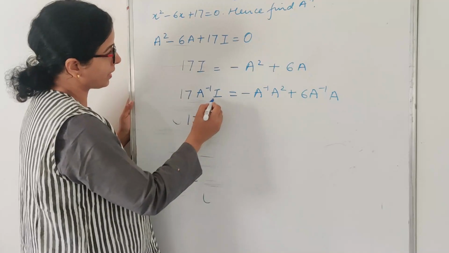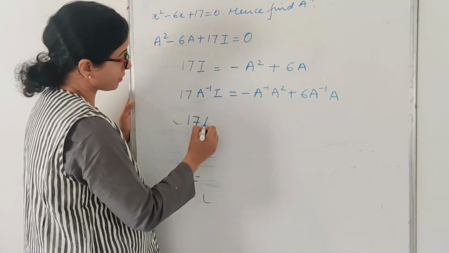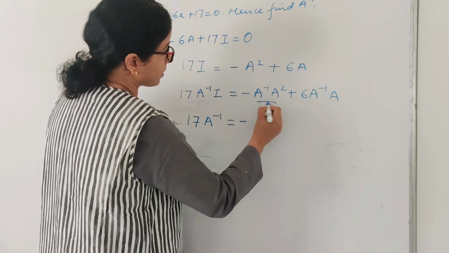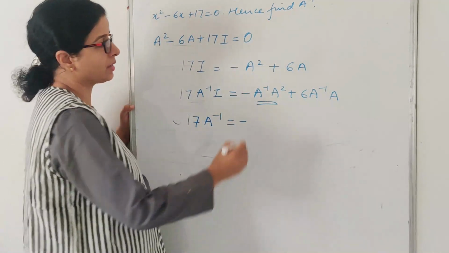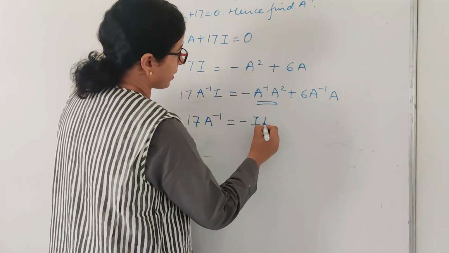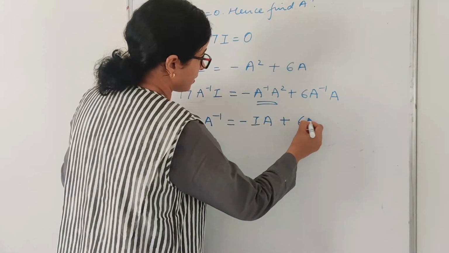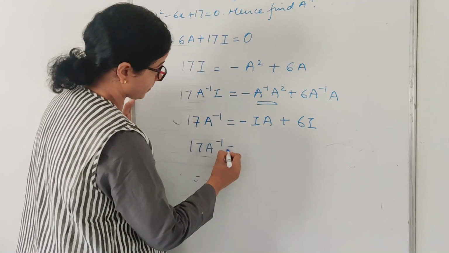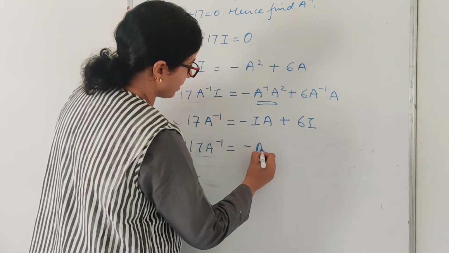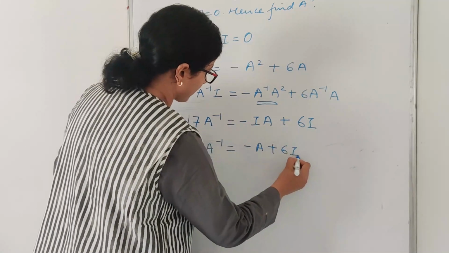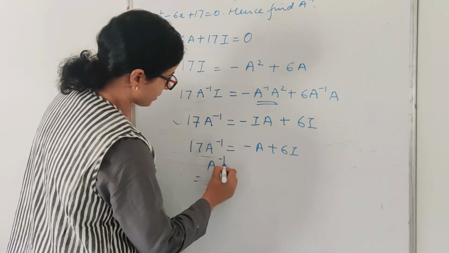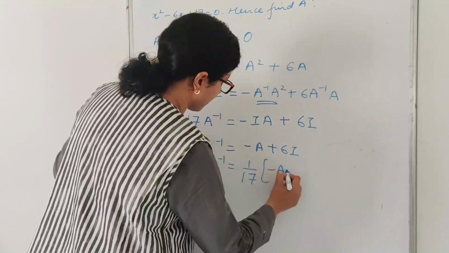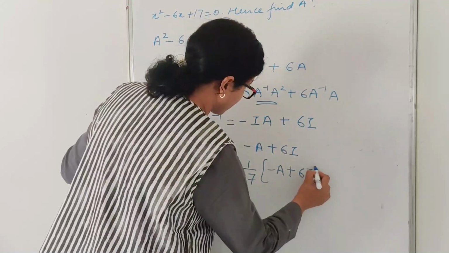If you multiply any matrix with the identity matrix, we get the same matrix. This is associativity, right? So A inverse A will become identity. So A inverse is equal to 1 by 17 into minus A plus 6I.